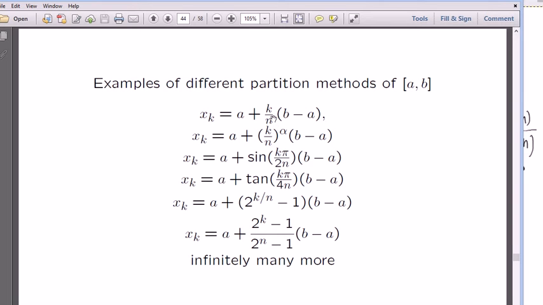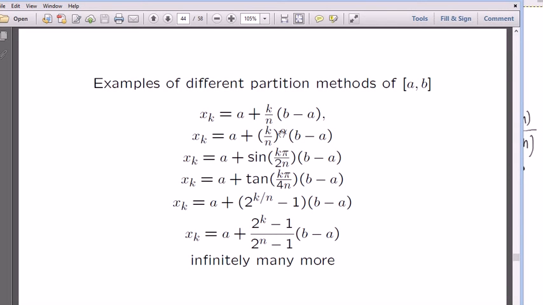That's a regular partition. The second one, if you throw in a positive number alpha there, it doesn't matter whether it's an integer or not, this is going to be increasing. You can see when k equals 0, you start from a. When k reaches n, this becomes 1. So a plus (b minus a), you arrive at the endpoint of the interval b.